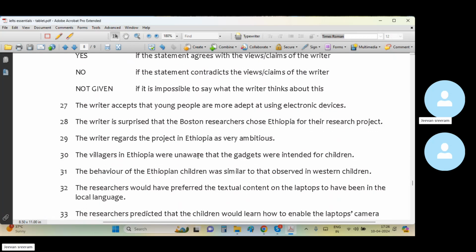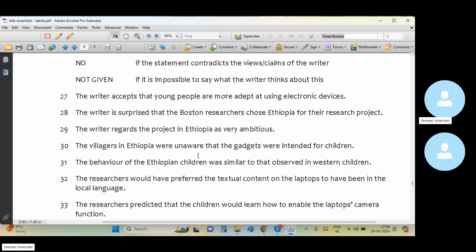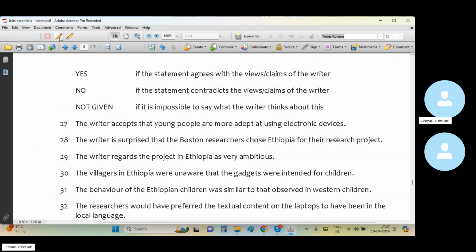So the approach remains the same. Yes means supporting information. You should be able to show the supporting information whenever you want to go with yes for any statement given. No means wrong information.